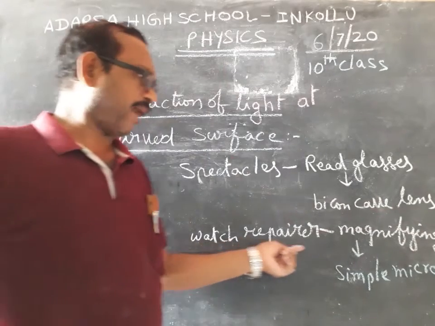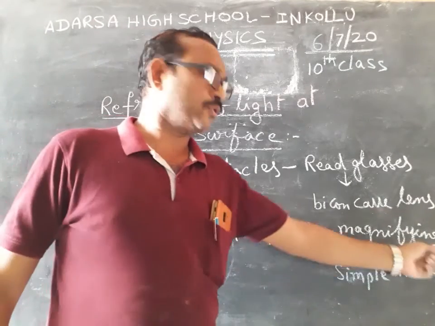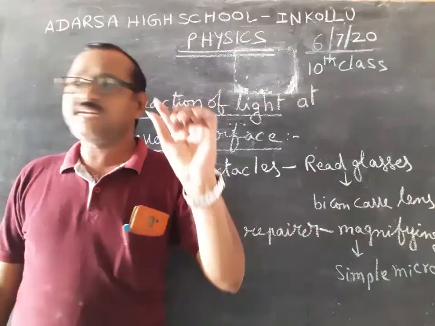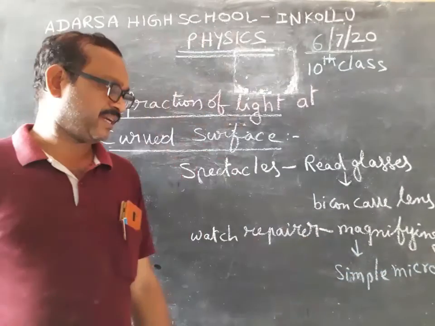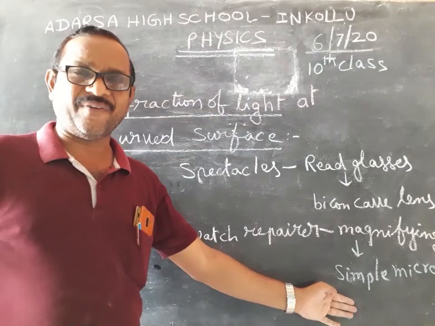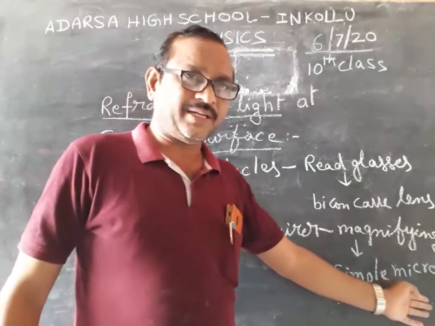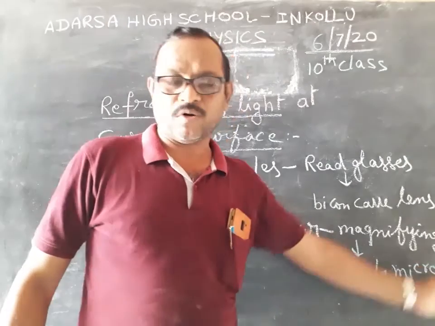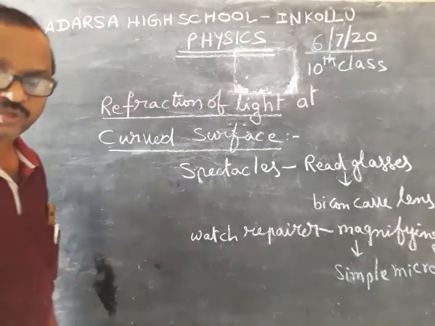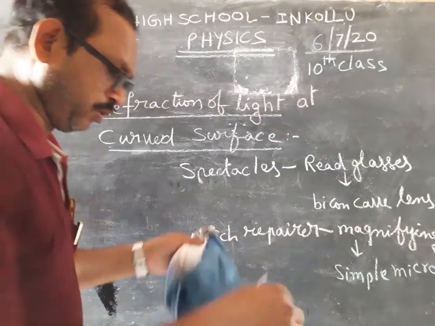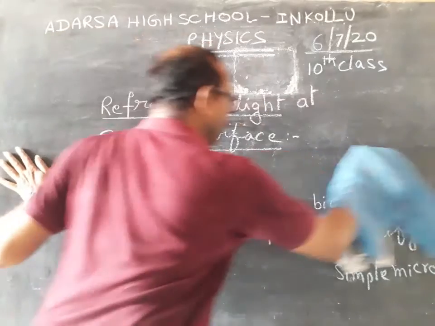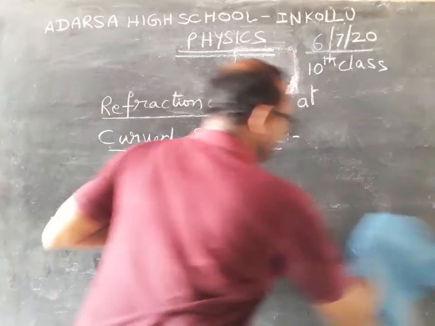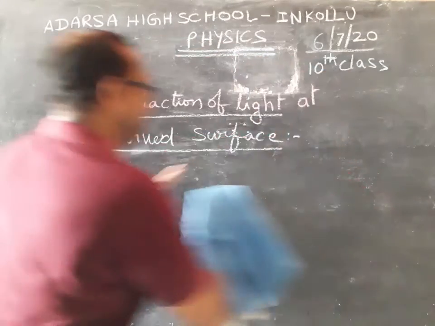Next, the watch repairer repairs the tiny parts in the watch using a magnifying glass. Such magnifying glasses are commonly known as the simple microscope. Now in our textbook we are going to discuss the first activity.